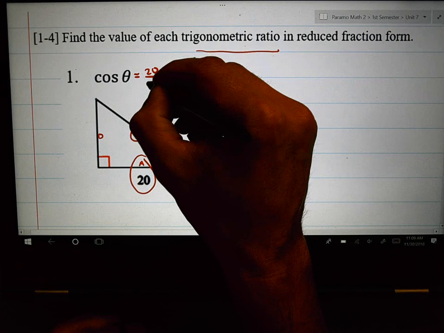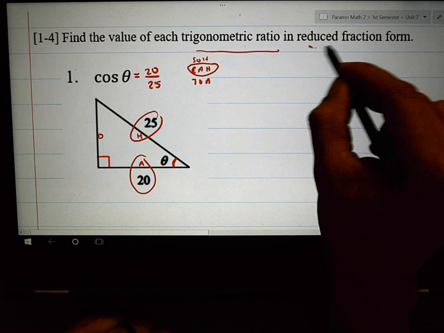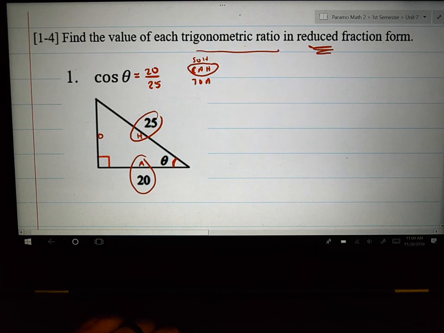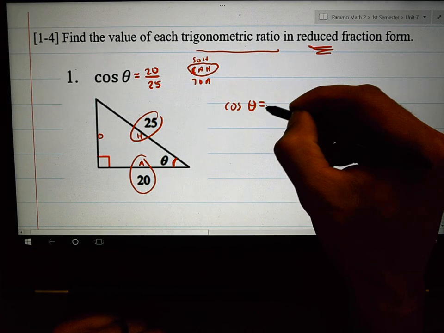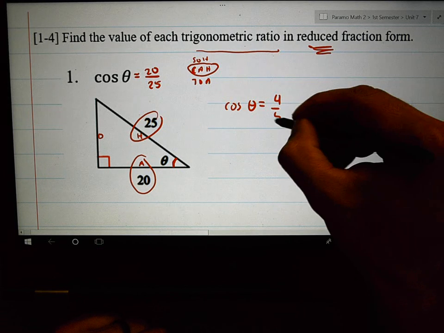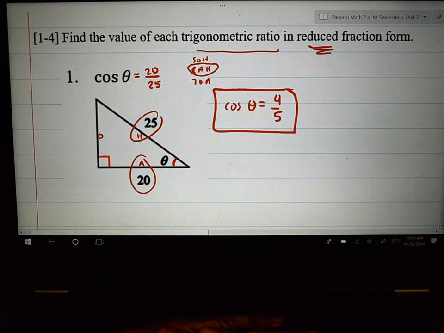Which one's H? You plug those in. Is that reduced? No. We have to put it in reduced form. Divide the top by 5, divide the bottom by 5, and you're going to get that the cosine of theta is equal to 4 over 5. That's our answer for number 1.